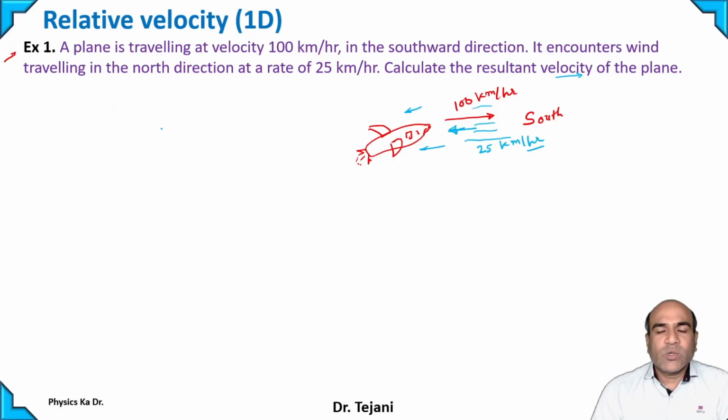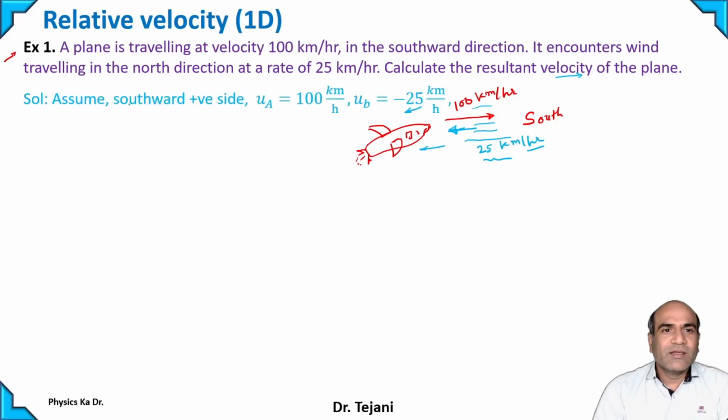So if you want the plane's relative velocity with respect to the wind, which is flowing in the opposite direction, we know that, let's assume UA is equal to the velocity of the plane, and UB, this is A and the wind is B, UB is the velocity of the wind.